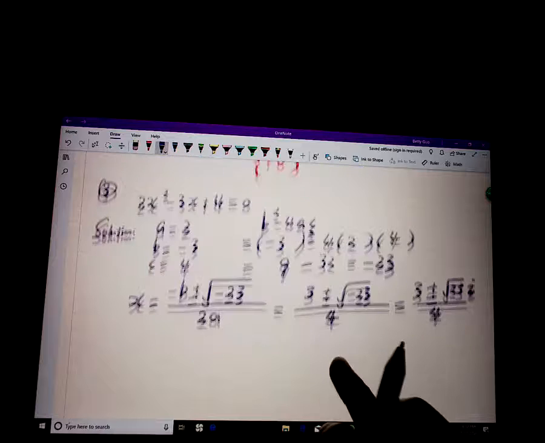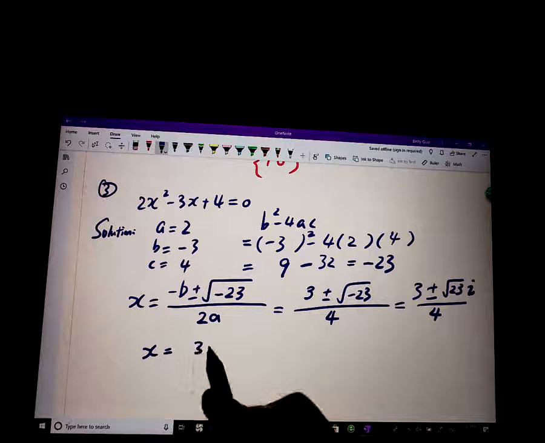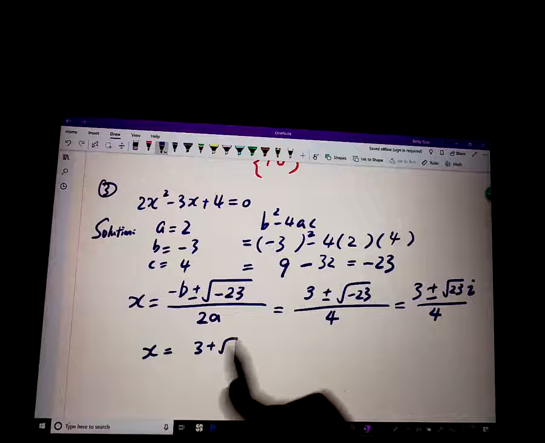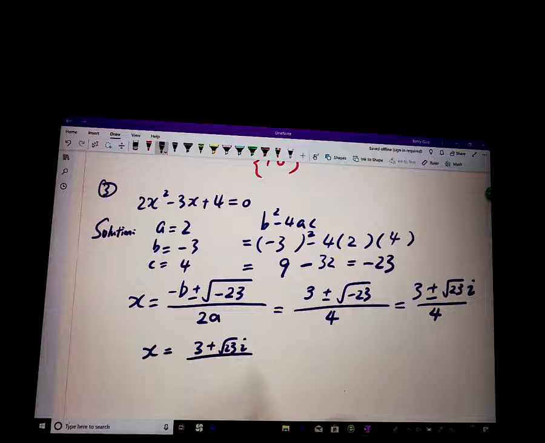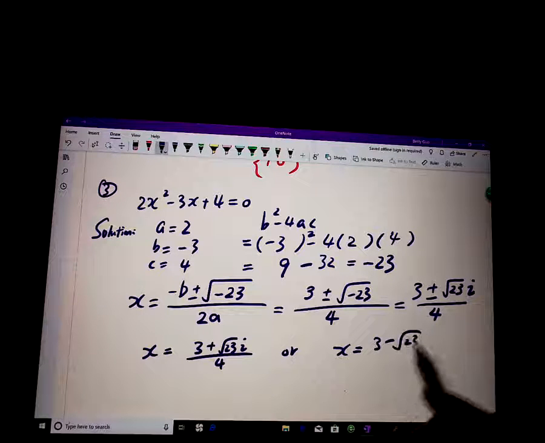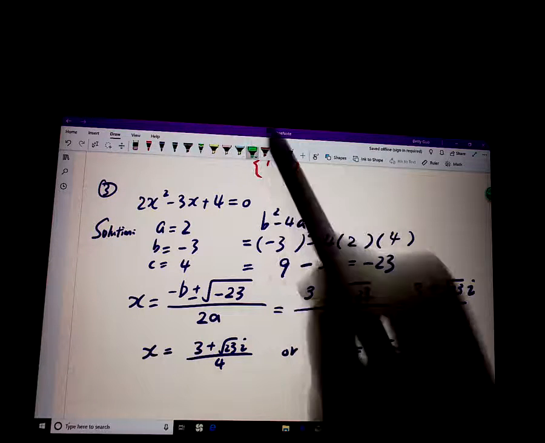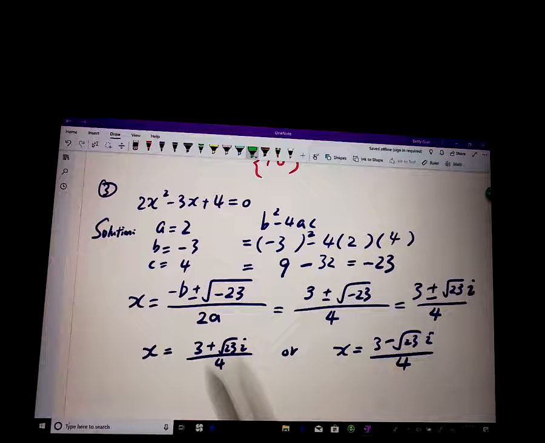So the two solutions are x equals 3 plus root 23i over 4, or x equals 3 minus root 23i over 4. I'm going to take time to talk about the structure of the result, because you're going to always have this result in this structure.